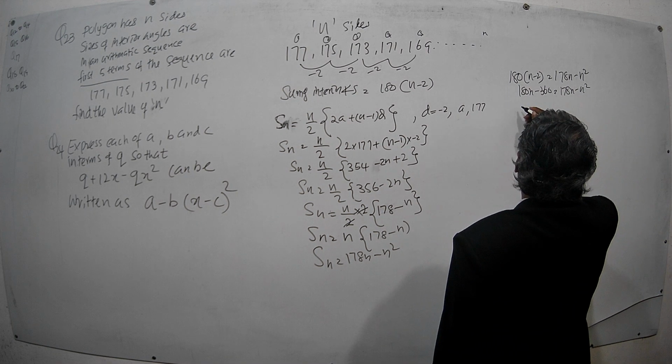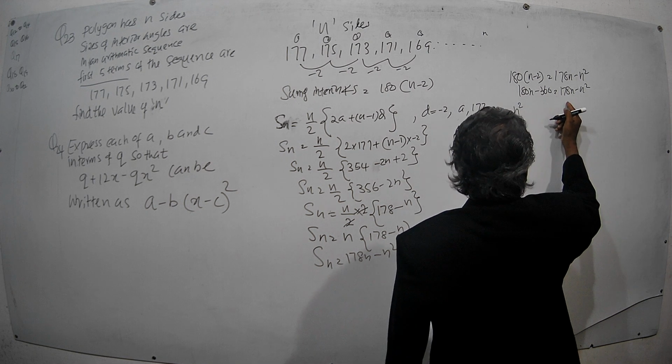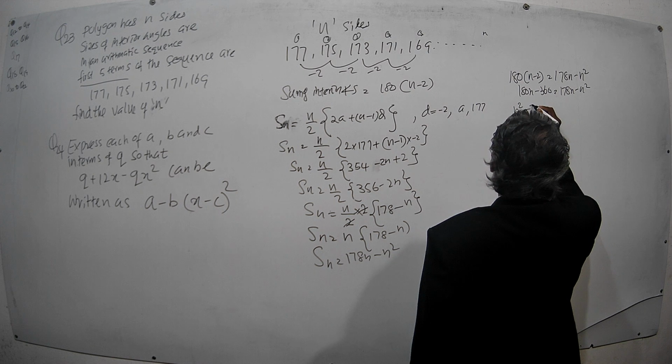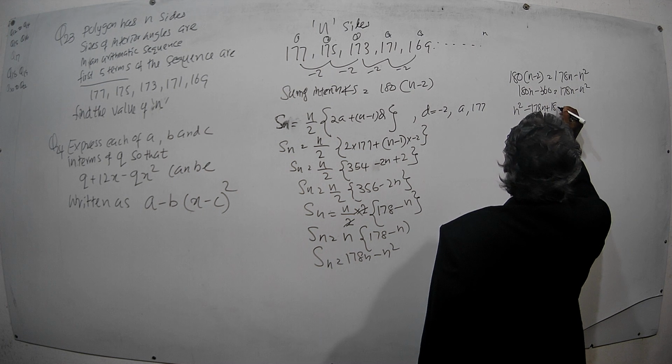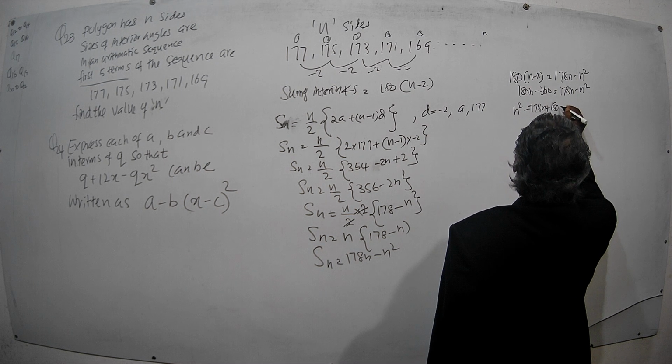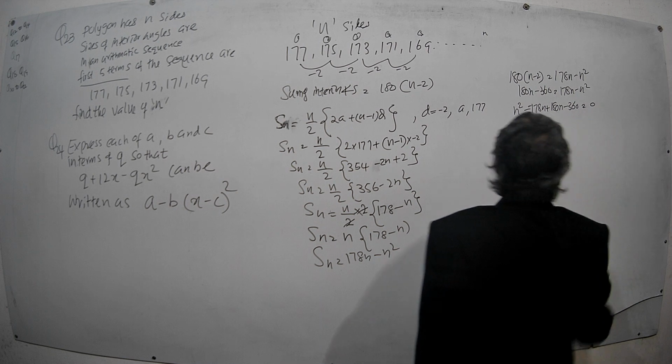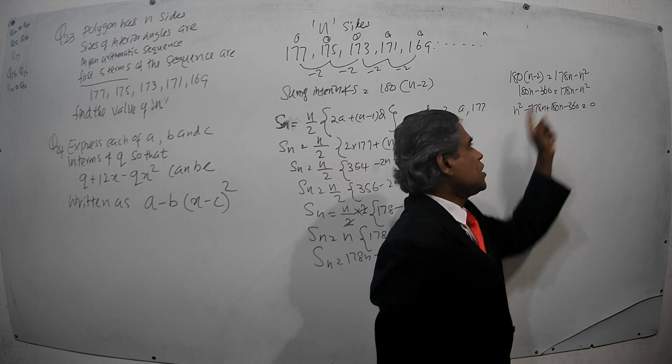Then take minus n squared to this side. It will be then n squared. Then take 178 n to this side. Then minus 178 n. And then here plus 180 n. Here minus 360 equals 0. Okay. This side is 0. All these are done now.